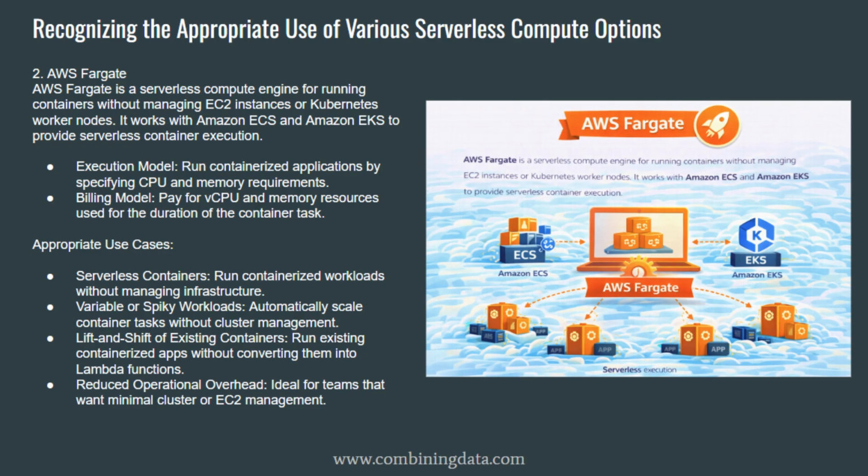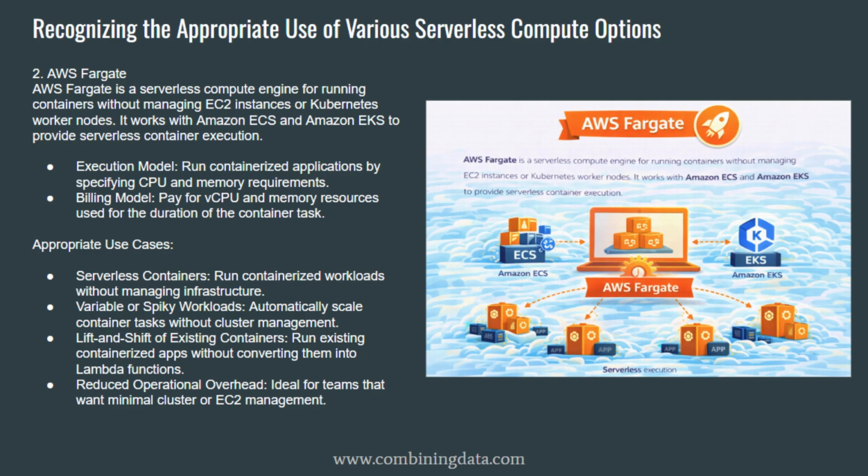How Fargate works: you run containers using Amazon ECS or Amazon EKS. You specify the CPU and memory. AWS provisions and scales the compute automatically. Billing model: you pay for the CPU and memory only for the time the container is running.